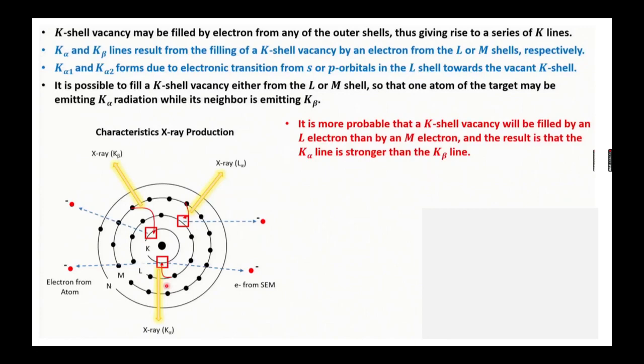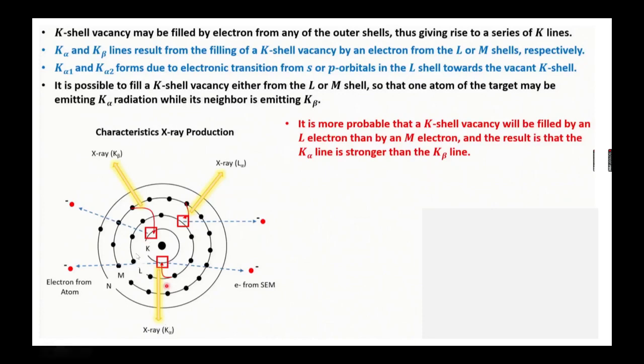So this is your K, this is your L, this is your M, and this is your N. In the procedure of electron transition, when the electron comes from the L shell to the K shell, this will be K alpha.